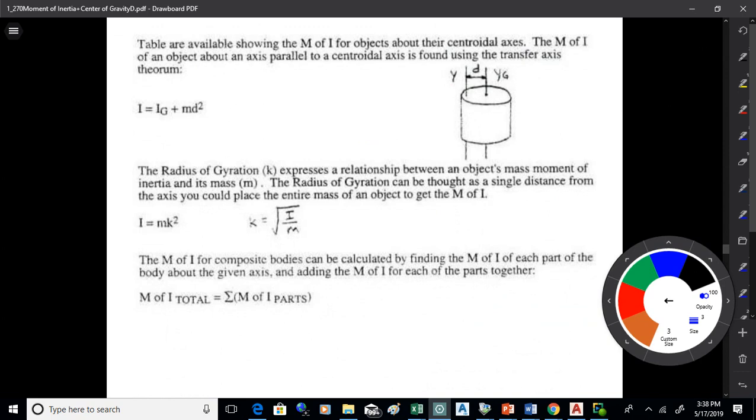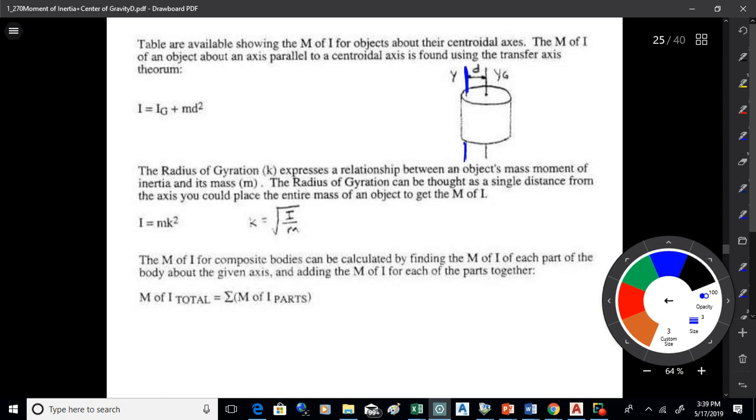Now, when you start putting composite mechanisms together, it's quite common that you don't have a rotation about the center of mass, or centroid, because this sheet is built for centroidal axes. So you might need to find the moment of inertia of a shape about an axis other than a centroidal axis, some sort of offset axis.